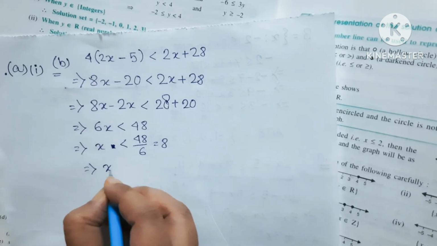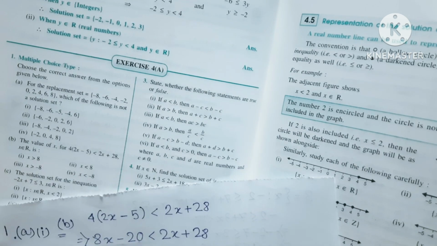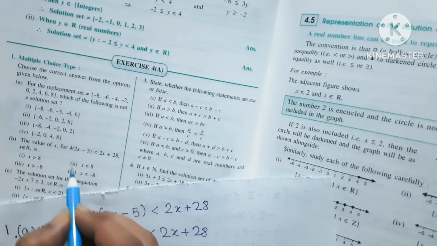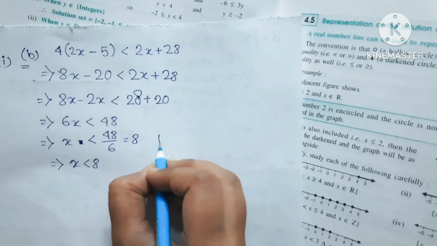That means x less than 8. So the option will be option 2. Okay, that is the answer of B.